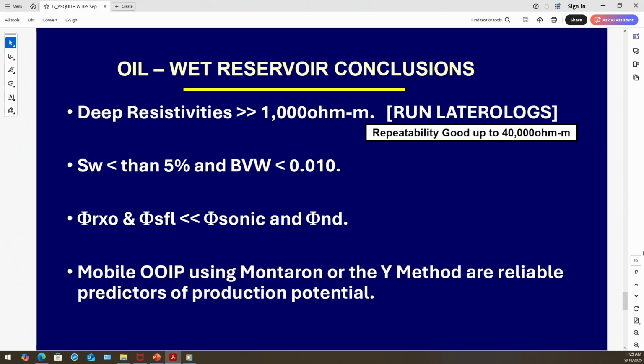And resistivity porosities, if you have an RXO log, Phi RXO or Phi SFL, are much, much less than your sonic and your neutron density porosity. Also, mobile OOIP using the Moran or the Y method are reliable, since they give you the same answer, reliable predictors of the production potential.